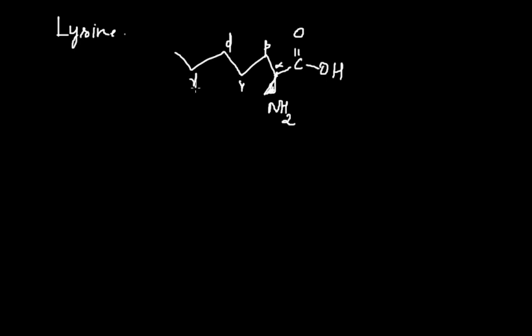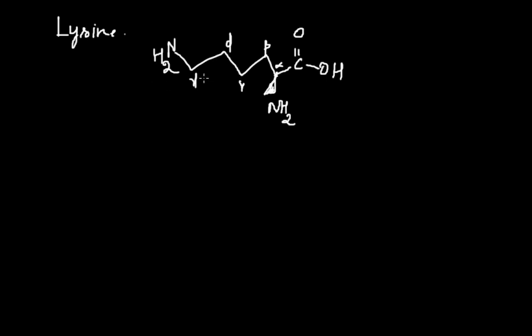Let me write the basic structure of lysine: this is your carbonyl carbon, alpha carbon, beta carbon, gamma carbon, delta carbon, and epsilon carbon, and at the last carbon there is an amine group.